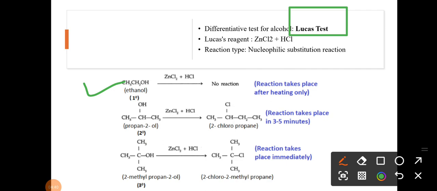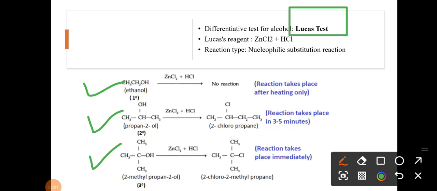In secondary alcohol the reaction takes place in 3 to 5 minutes, right? And in tertiary alcohol the reaction is very immediate, an instant reaction. So accordingly you will differentiate your alcohols depending on your Lucas reagent, right?